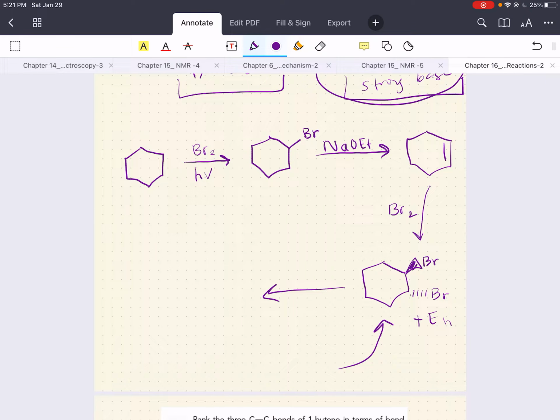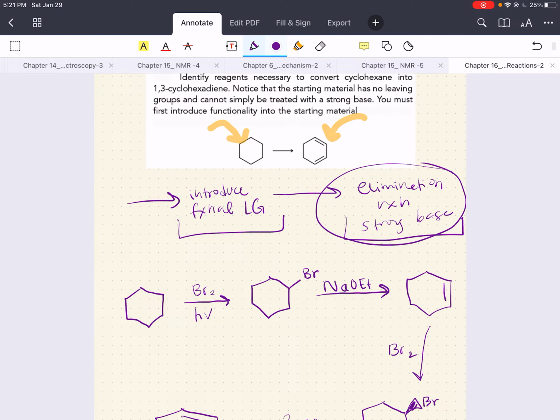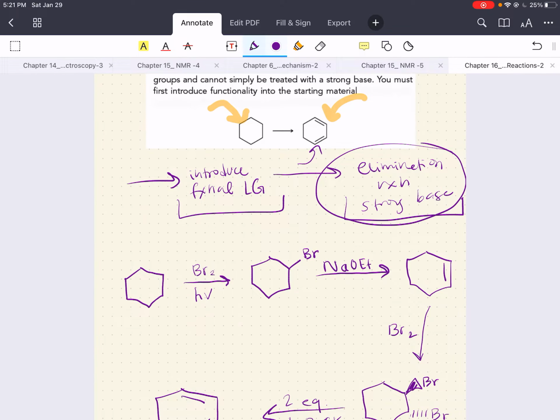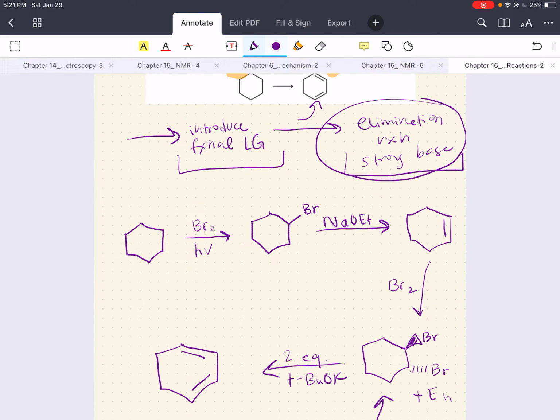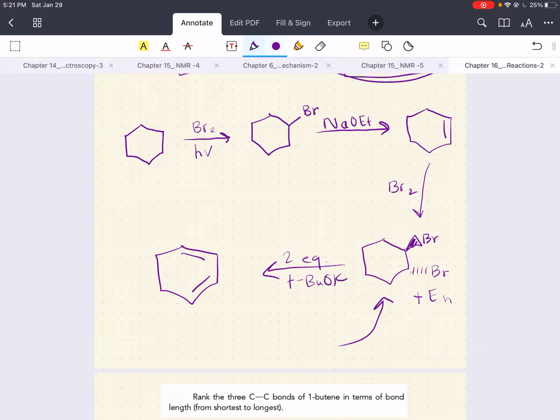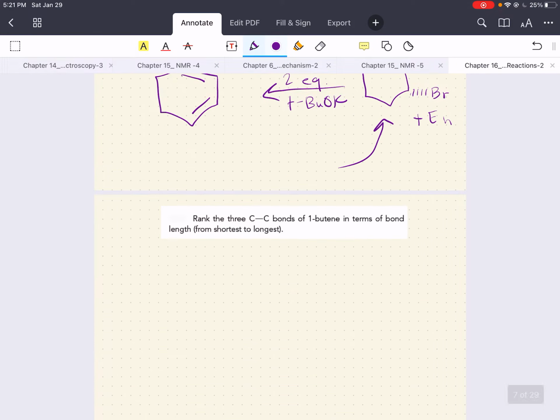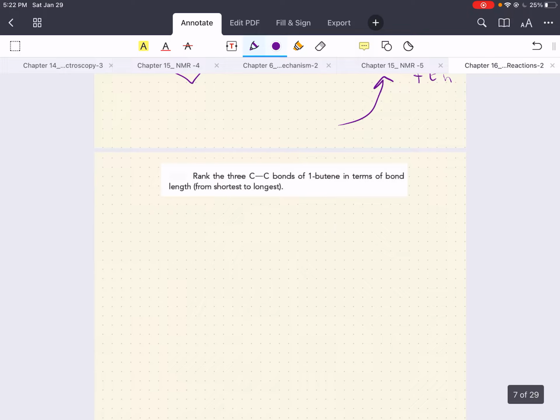All right, so we're going to treat it with two equivalents of tert-butoxide. And what's going to happen is we're going to have our two double bonds right here, our conjugated diene. In other words, our 1,3-cyclohexadiene. All right, fantastic. Let's do one more problem before we get to molecular orbital theory.